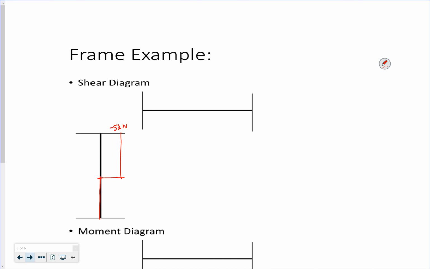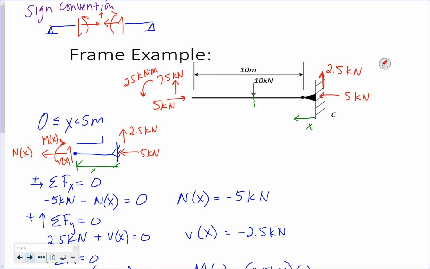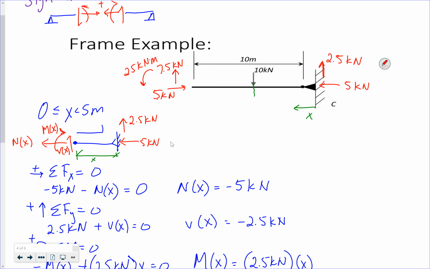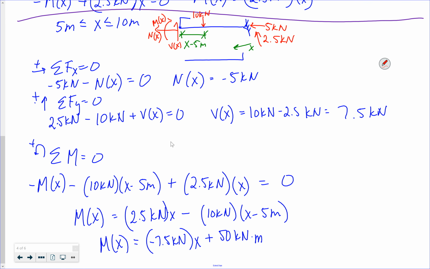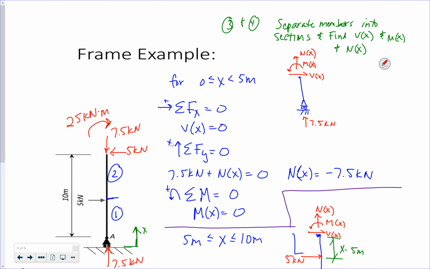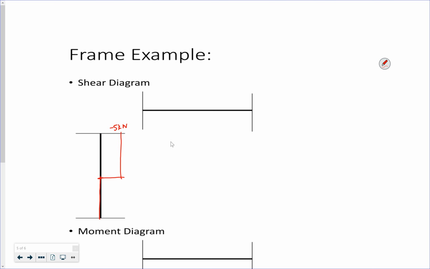If I have my beam, coming from the right, negative 2.5 and then positive 7.5 after we apply a 10 kilonewton load. Right, negative 2.5 and then positive 7.5.